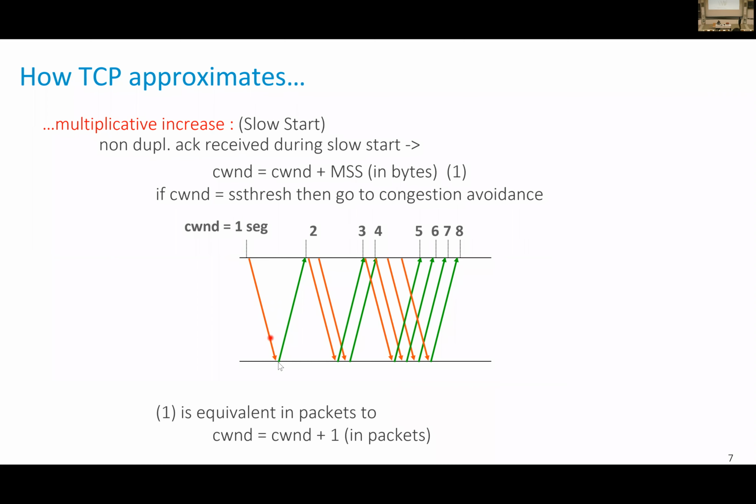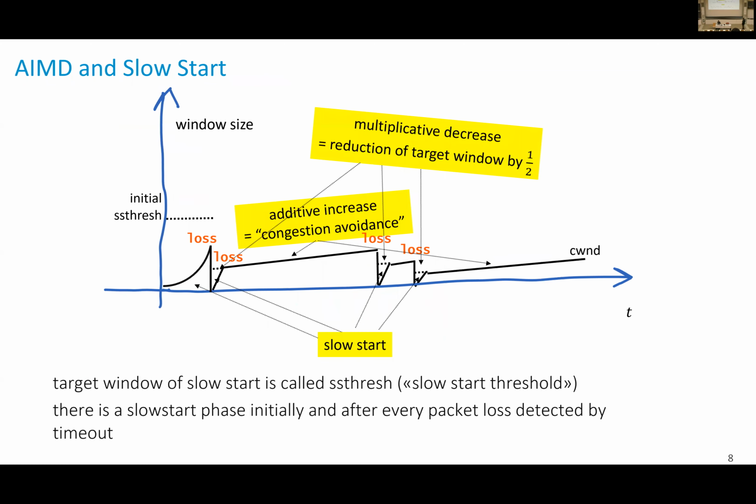If I start with a value of 1, then when I receive an acknowledgement, my window becomes 2. I send 2 packets. So when I receive the first ack, it becomes 3, then 4, which has effectively the effect of doubling the window size whenever a full window is acknowledged. This is a bit less than multiplicative increase because the time it takes is not constant, but not far from it.